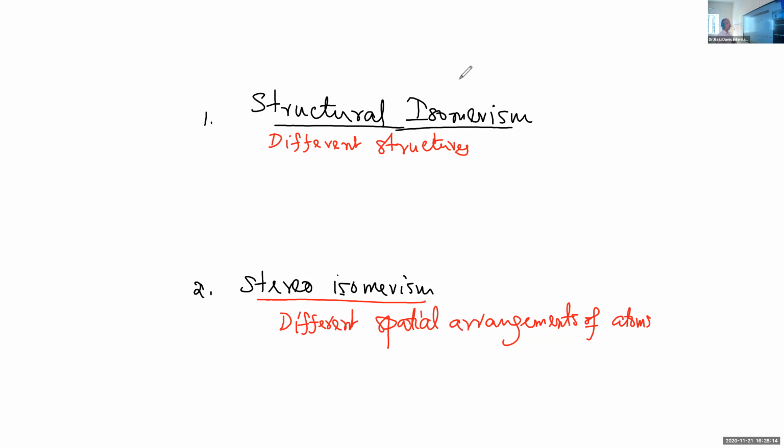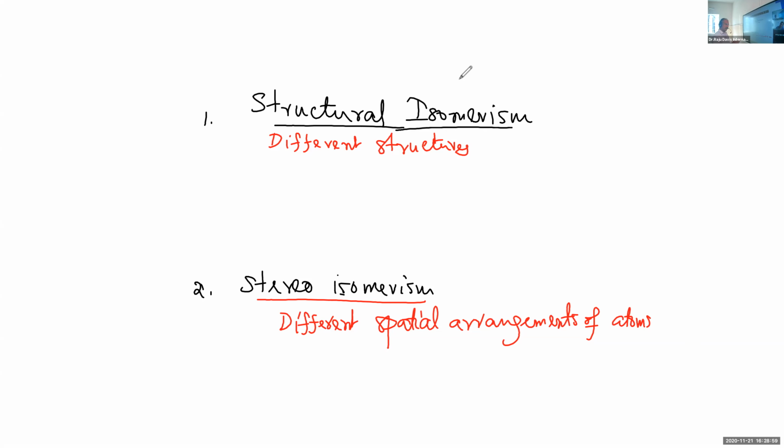We have to consider the complete three-dimensional geometry when we deal with stereoisomerism. So isomerism can be broadly classified into structural isomerism and stereoisomerism. In structural isomerism, the isomers have different structures. But in stereoisomerism, the isomers have different spatial arrangements of atoms, the three-dimensional arrangements.